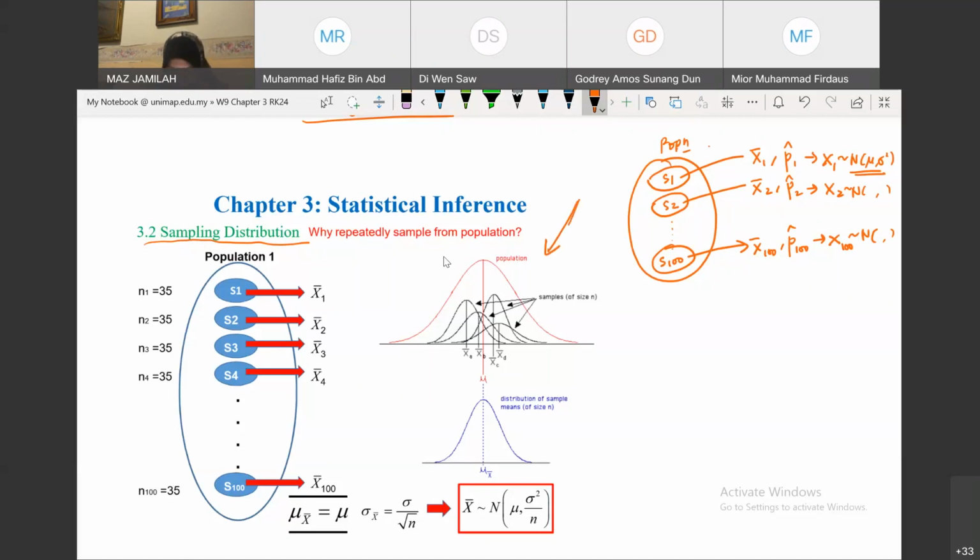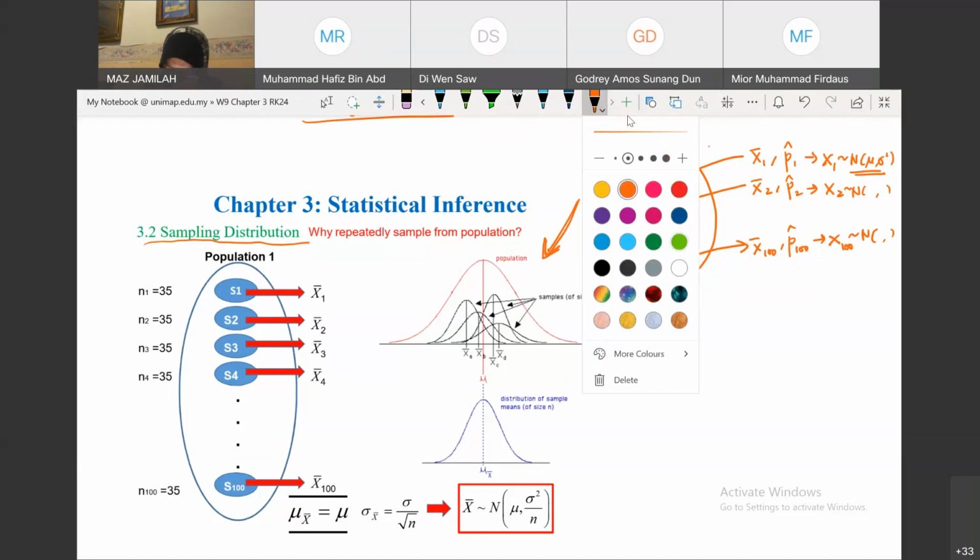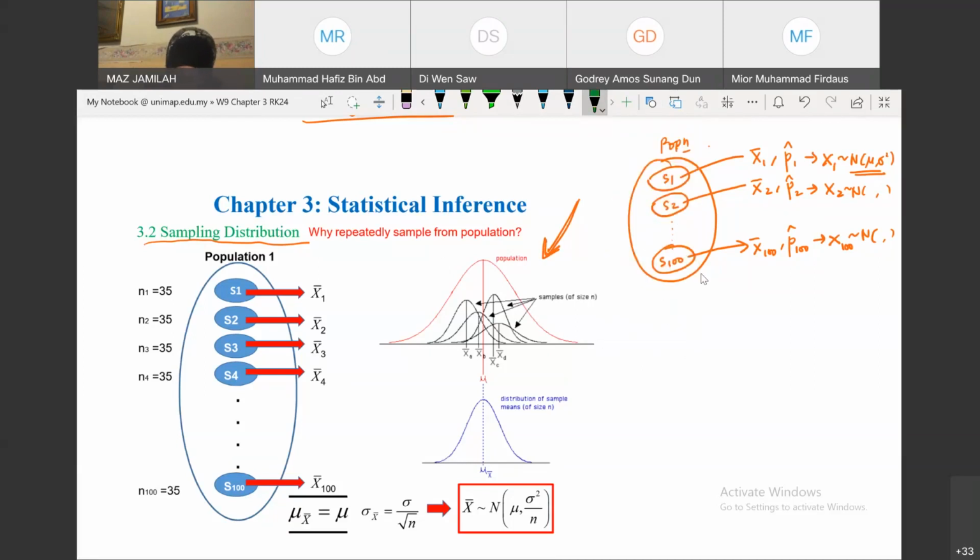When you repeat your sampling again and again, you will find your samples are distributed close to one another. For example, this is sample 1, this is sample 2, this is sample 3, and let's say this is our 100th sample.